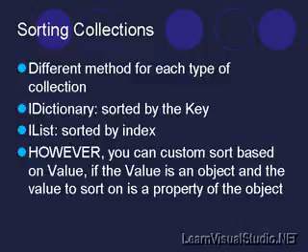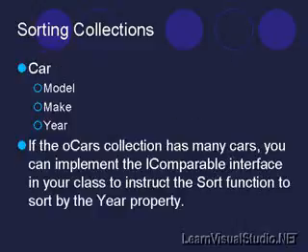There's a whole bunch of rules that go in there, and we'll show you how to do that in a video about sorting collections. But keep in mind that you can custom sort items that are within collections based on some criteria that you create for the objects.